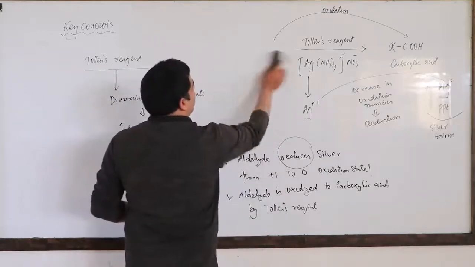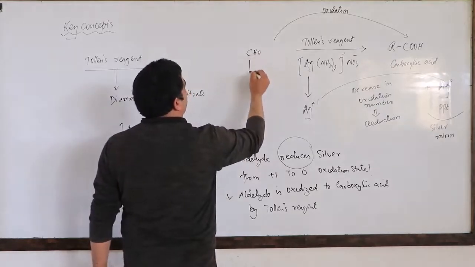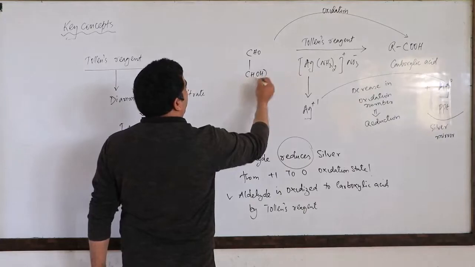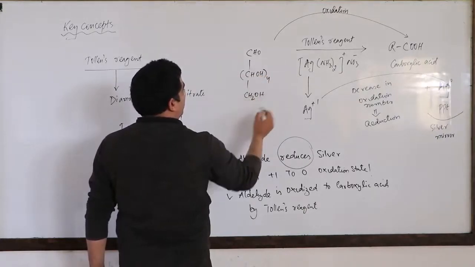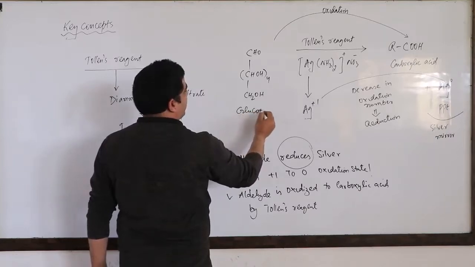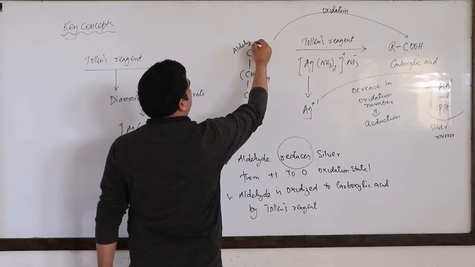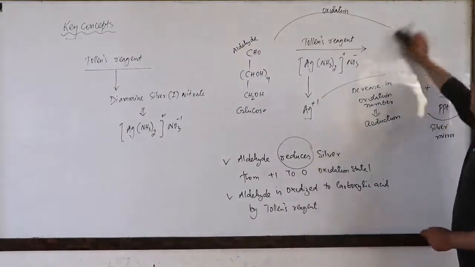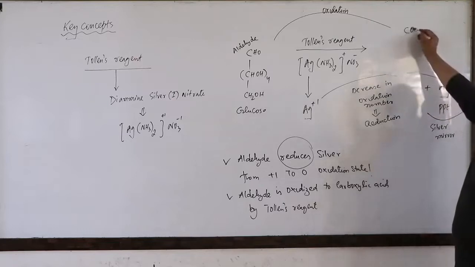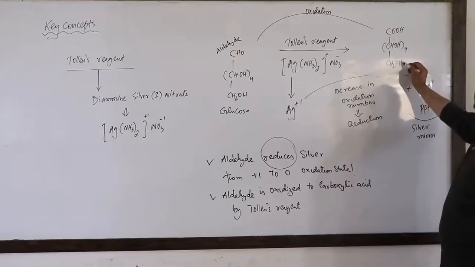Let me remove this and let me use here CHO, then CHOH 4 times, then CH2OH, and this molecule is our glucose. It has an aldehyde. This is the aldehyde group of glucose. Correct? So I will be getting here a carboxylic group only, but it will be in this format now, COOH, then you have CHOH 4 times, then CH2OH.